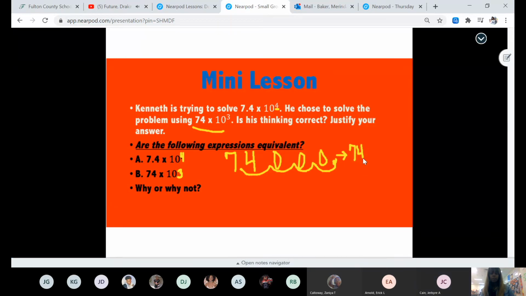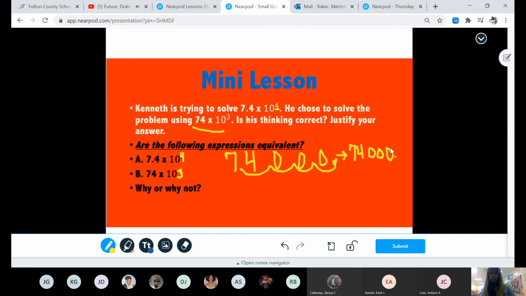So I have 7, 4, 0, 0, 0. Now that decimal is at the end, and after every 3 digits, 1, 2, 3, there's a comma. So we got 74 thousand. Now we need to see if it's equivalent to 74 times 10 to the third power.